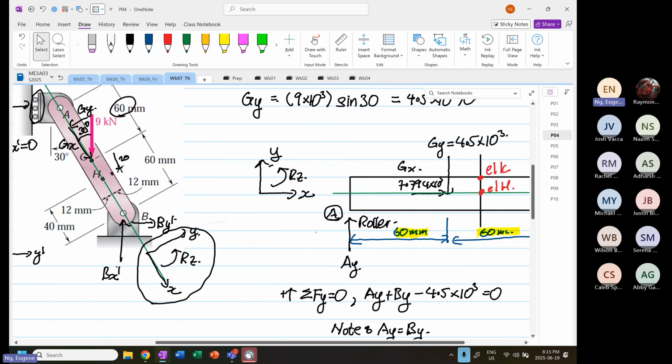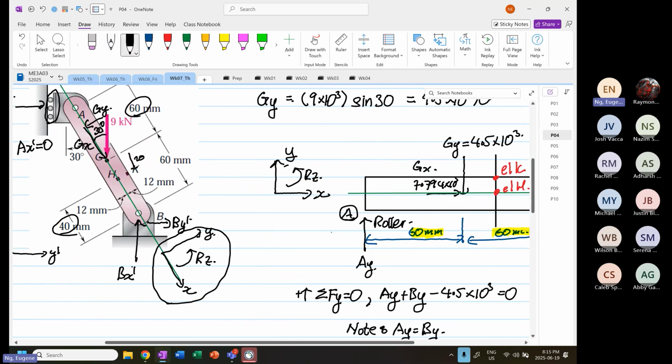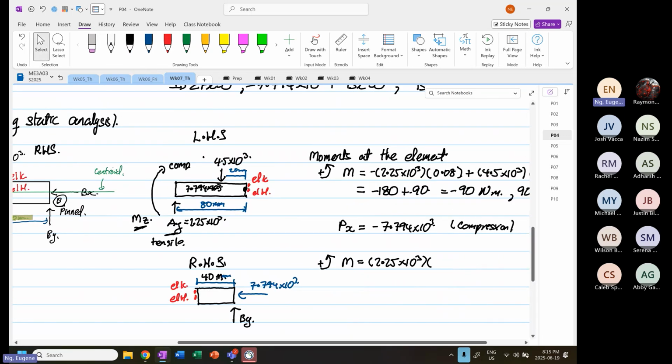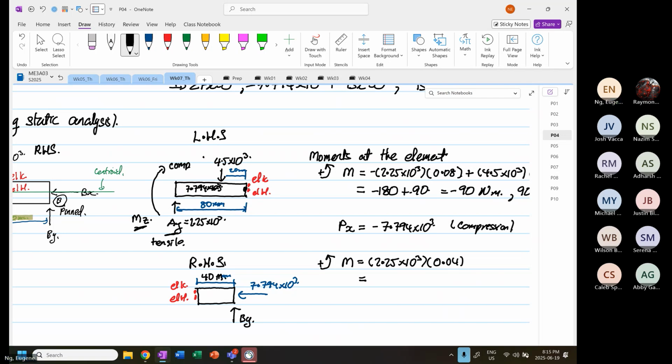The distance is not 0.6 because this is 40 millimeters. I do apologize. So this is 40 millimeters now. So 2.25 times 0.04.